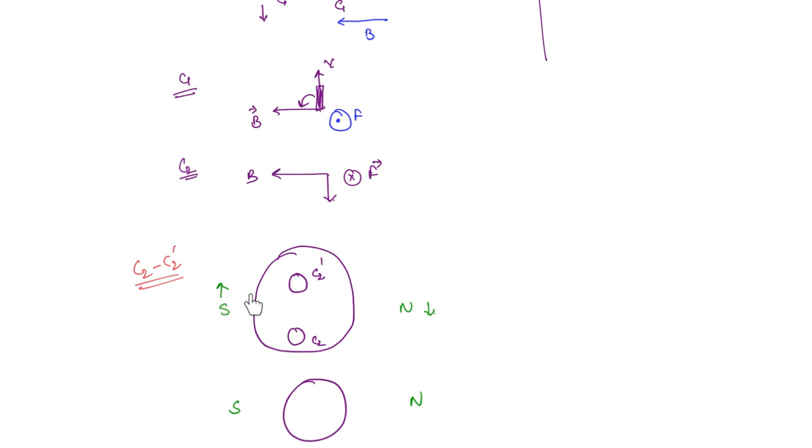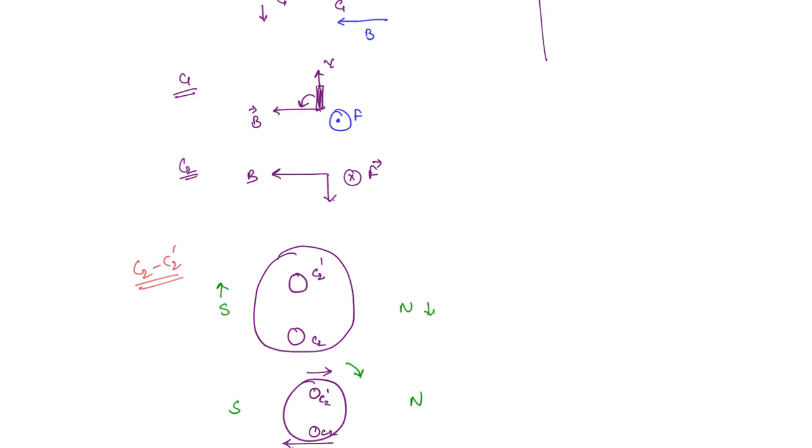If S moves this side, then the armature is moving this side relatively. That means it is going in the anti-clockwise direction. So if you keep the south and north poles stationary, then the armature will go in the clockwise direction. So the direction of velocity of C2 dash is in this direction, and that of C2 is in this direction.